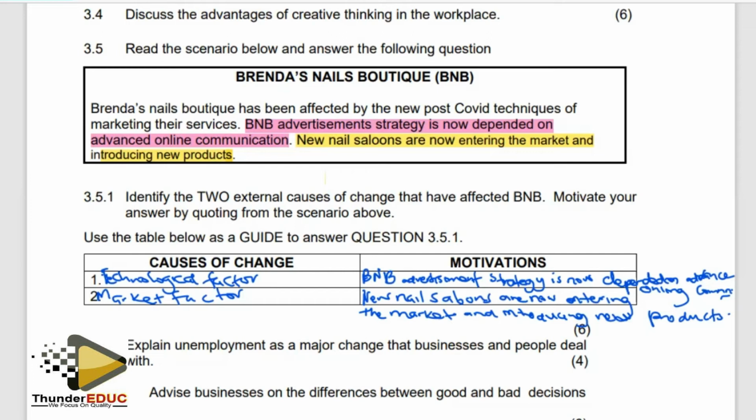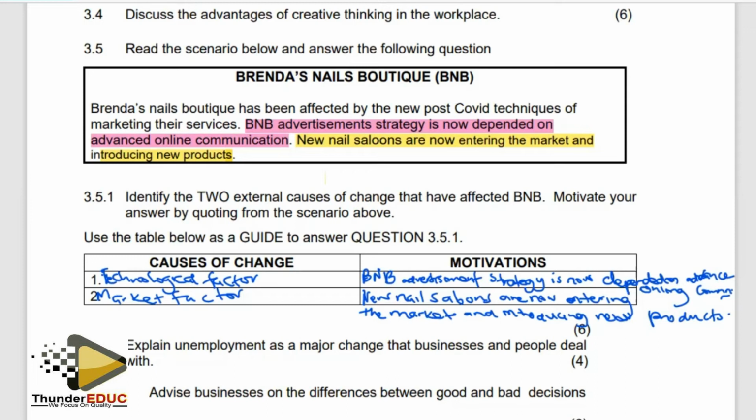What are the causes of change here? The cause of change is the technological factor, and the motivation is B&B's advertisement strategy is now dependent on advanced online communication.